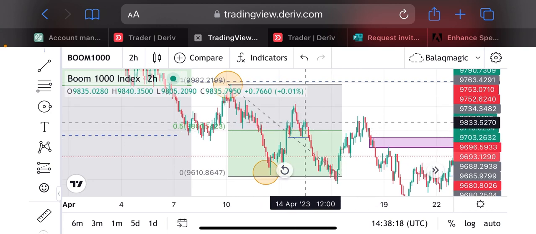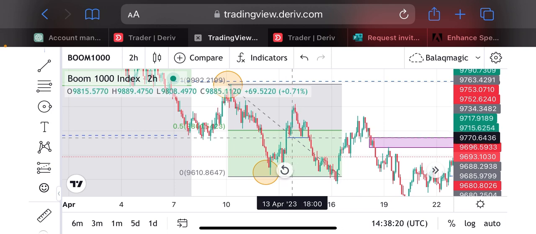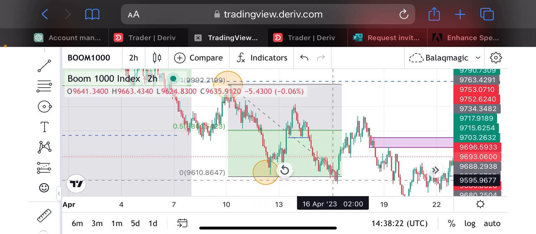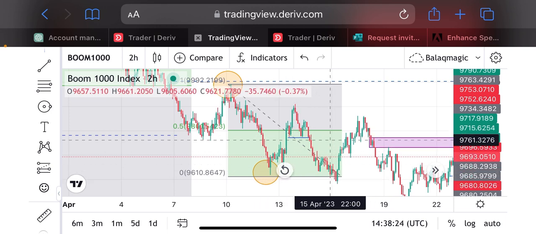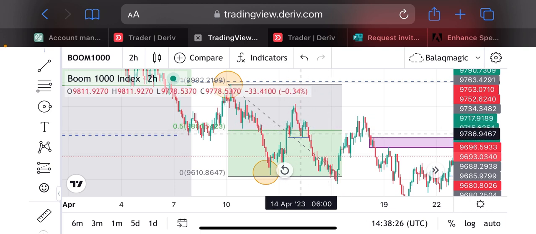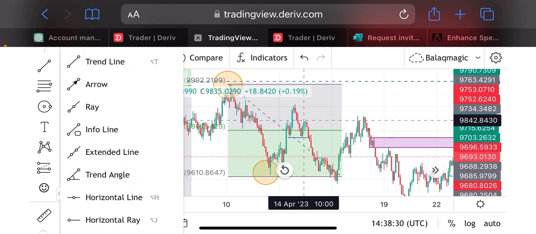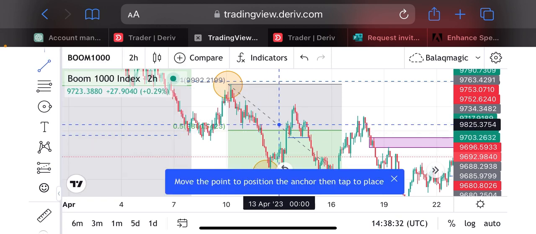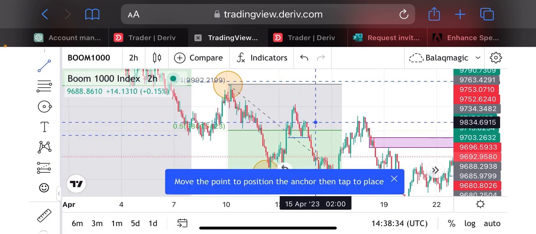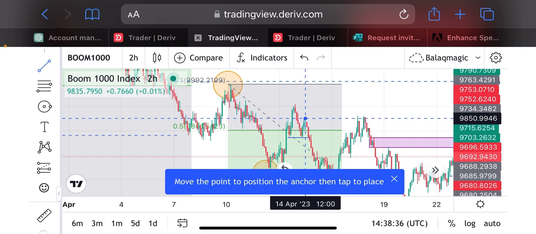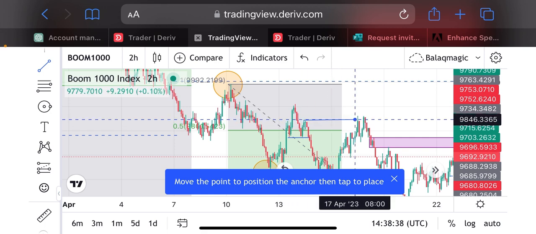So this is what happened here. It took the internal range and then broke this structure and then went down to take the external range. Coming back up, this point that could not break immediately is now a liquidity zone. So anything that sweeps that point and then creates any break of structure is our strong point to look out for.